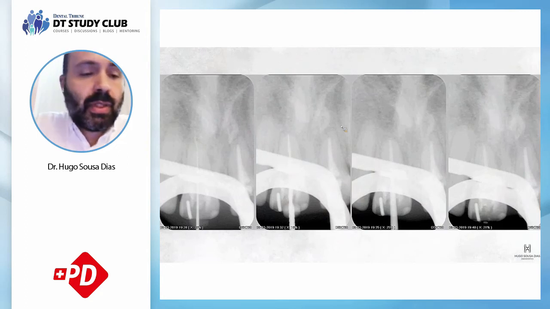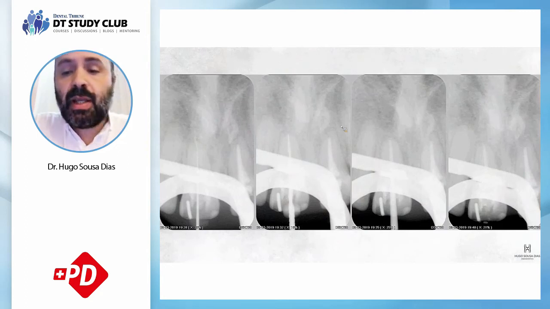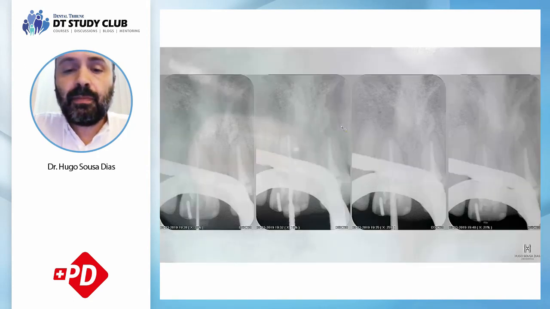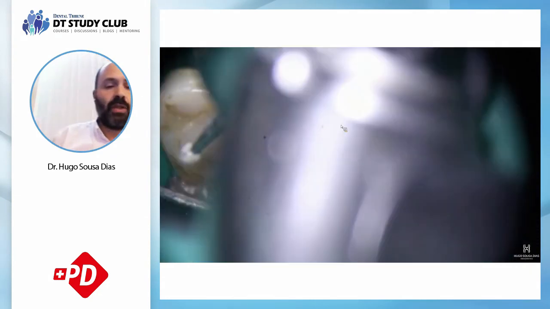I do the access, I do the root canal treatment, and I finish my obturation. For obturation I use a bioceramic material, and I finish at the limit of the perforation, and I seal this obturation with glass ionomer cement. You can see the video here. I open the access.